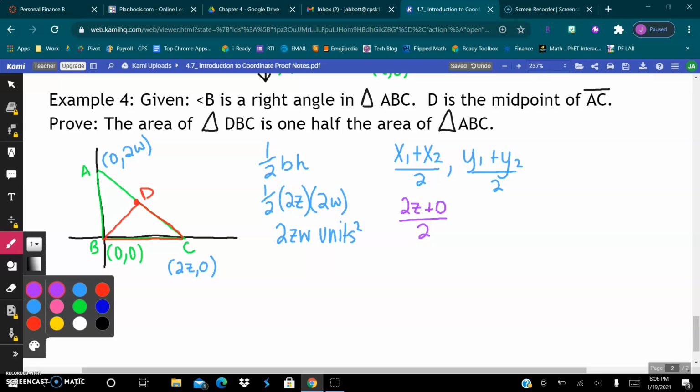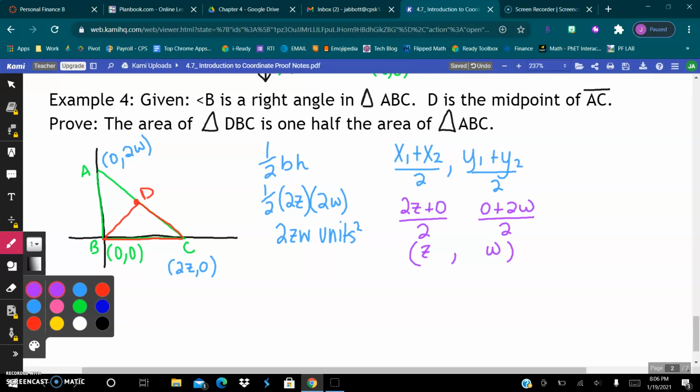So 2Z divided by 2 is going to give us just Z. And then our y's added together, we're going to have to add 0 and 2W and divide that by 2. So 2W divided by 2 is just going to leave us with W. So our ordered pair for our midpoint is Z, W.